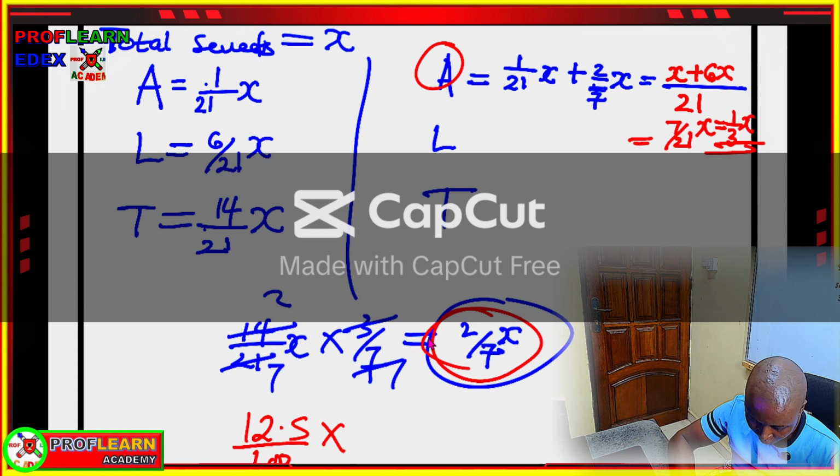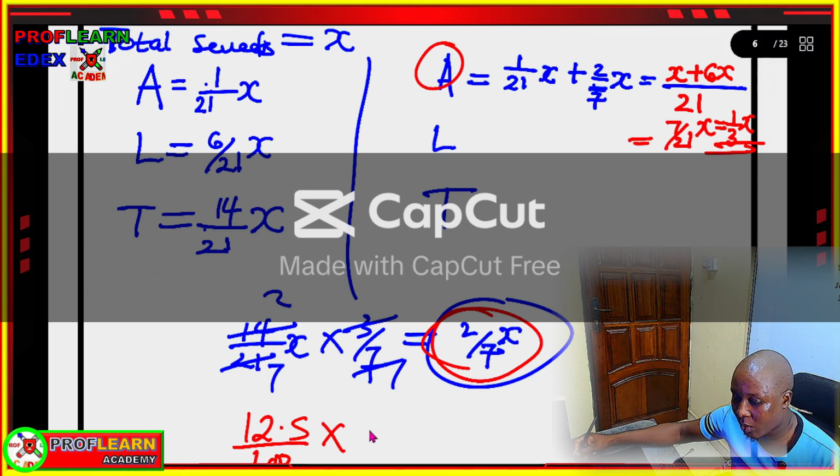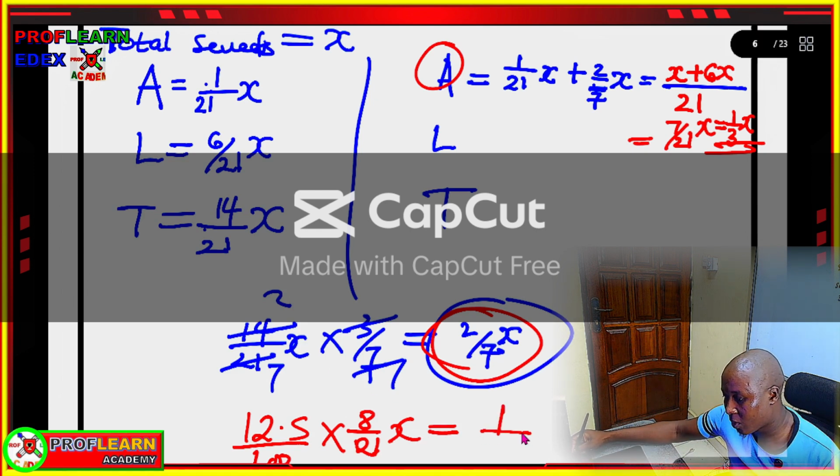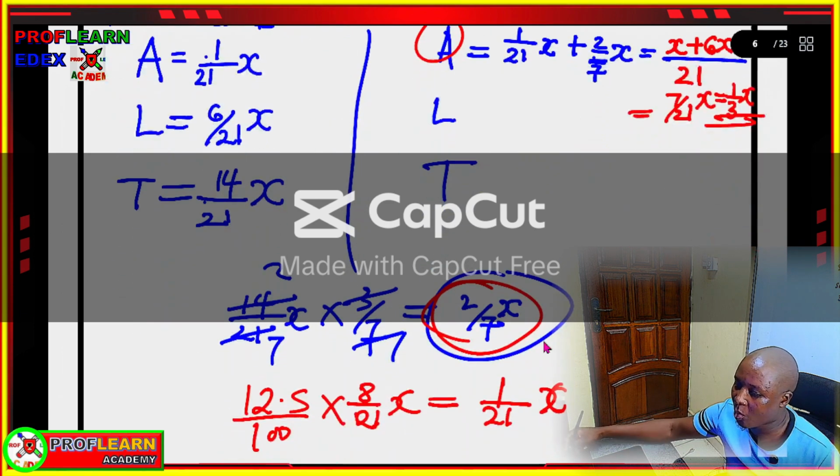That's going to be 14 over 21 minus what she gave out, that is 2 over 7. She remained with 8 over 21, so that's 8 over 21 of x. So 12.5% of that is going to be times 12.5 over 100, and that's going to be 1 over 21 of x.